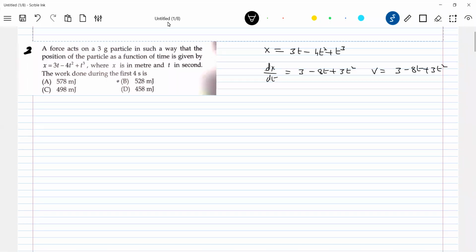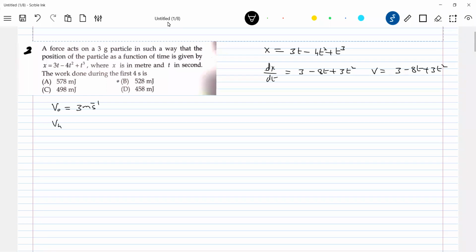Now he's asking what is the work done by this force during the first 4 seconds. What to do with this? We only have how the speed of the particle varies. At t equals 0, what is the velocity? 3 meter per second.